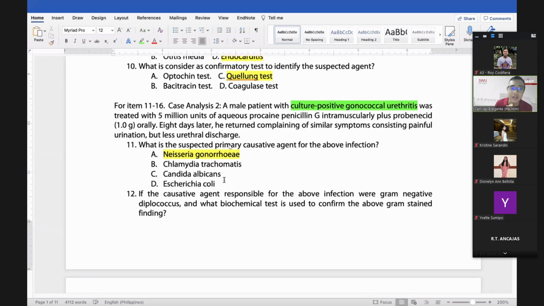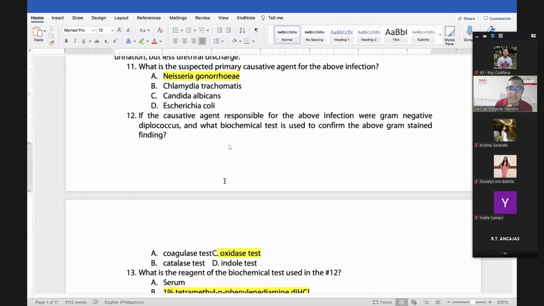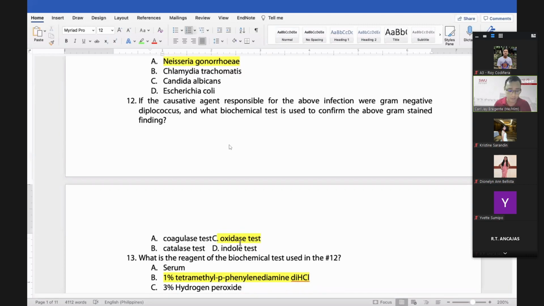Number 12, if the causative agent responsible for the above infection were a gram-negative diplococcus, what biochemical test is used to confirm the above gram stain finding? So, the choices: coagulase, catalase, oxidase, and indole testing.